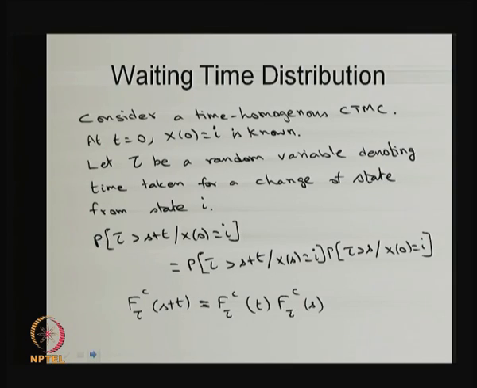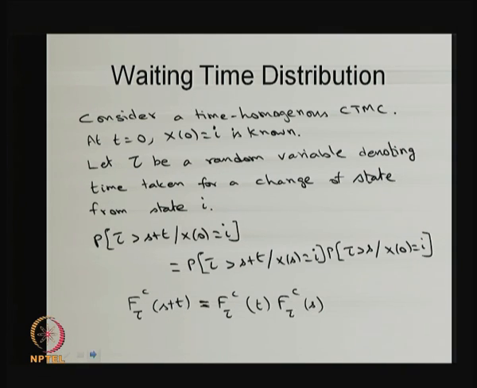That is called the waiting time distribution. That means, what is the distribution of time spent in any state for a time homogeneous continuous time Markov chain before moving into any other states. I assume that at time 0 the system was in the state i. That means X(0) = i is known, or the probability that X(0) = i is 1.